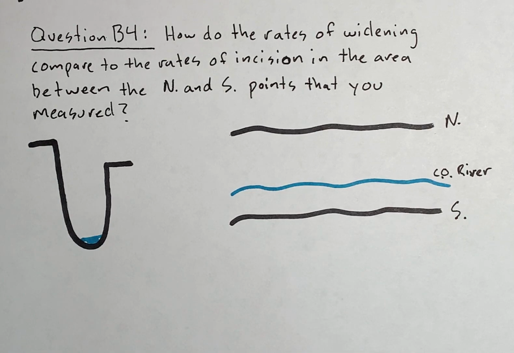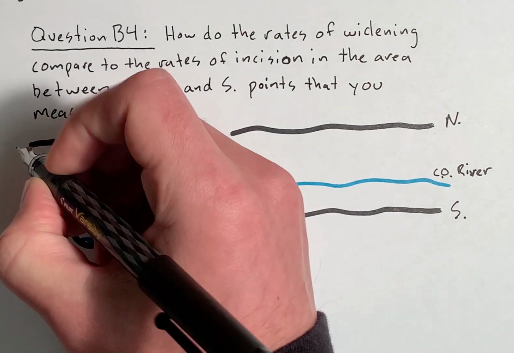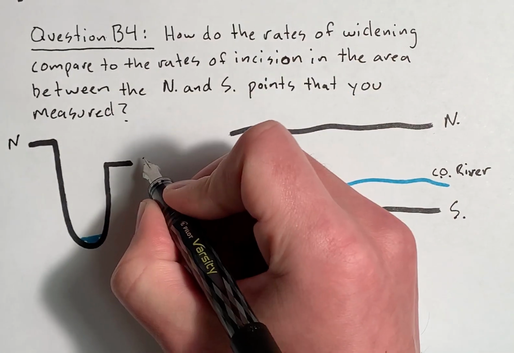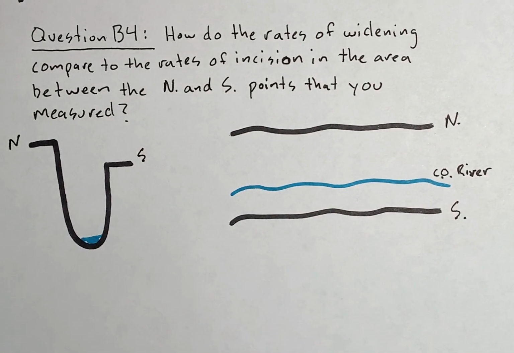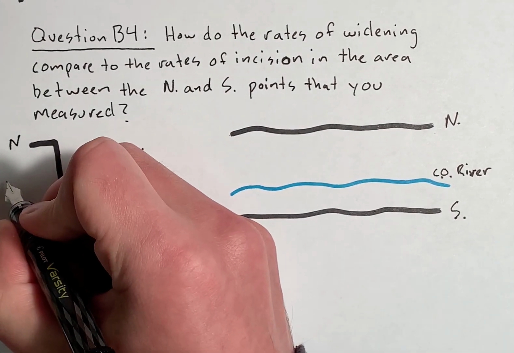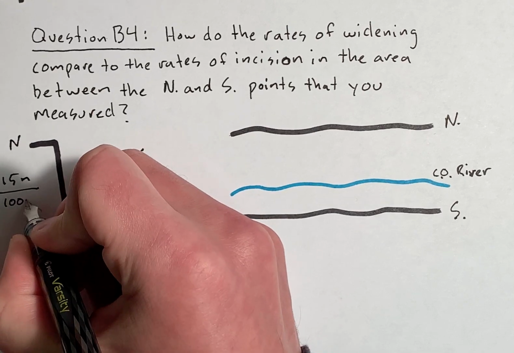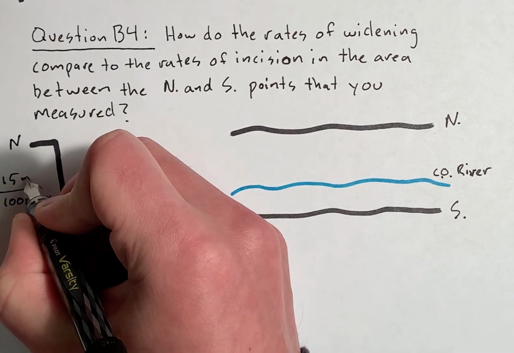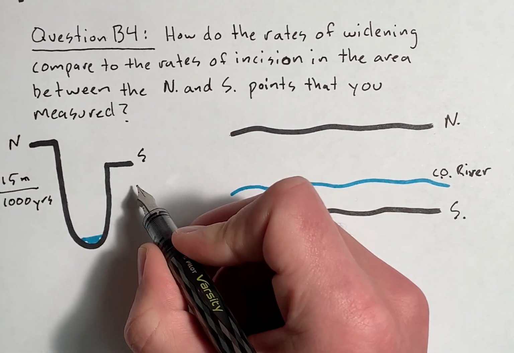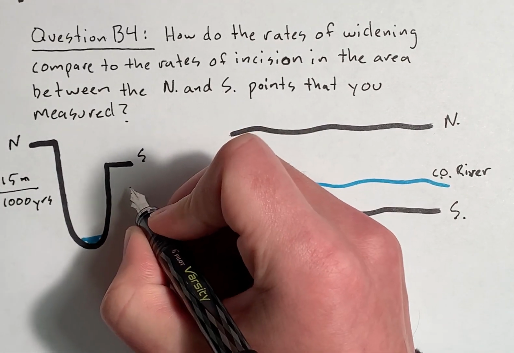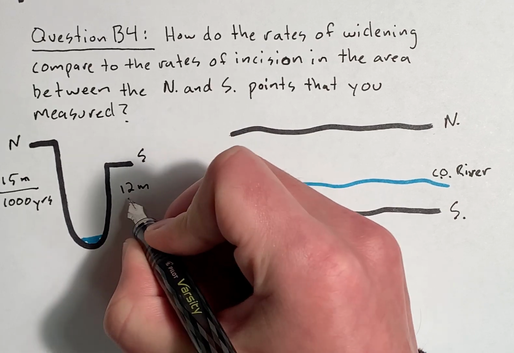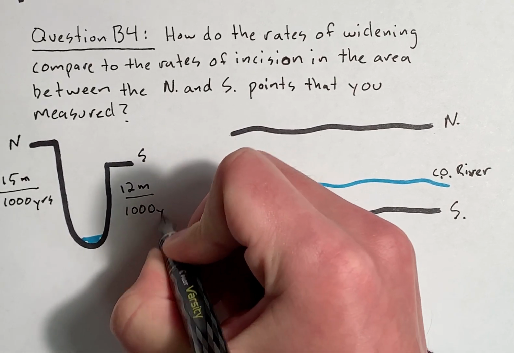So let's say that on the north rim over here, we have the south rim over here, let's say that the rate of incision on the north rim is 15 meters per 1,000 years. And on the south rim, the rate of incision is 12 meters per 1,000 years.